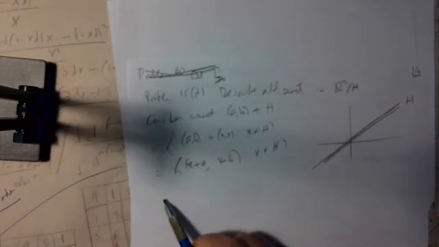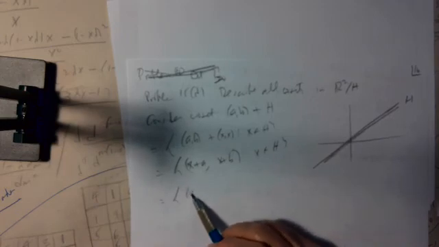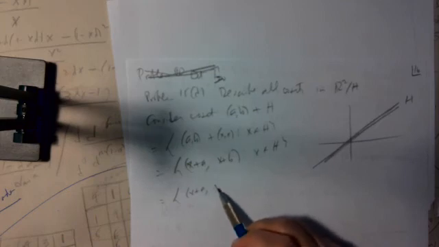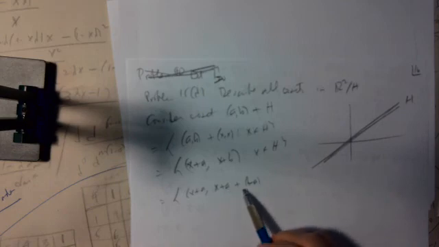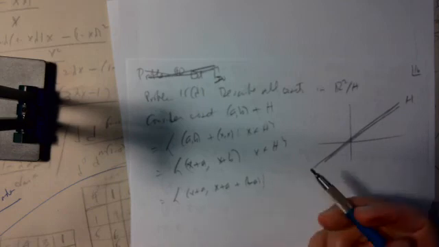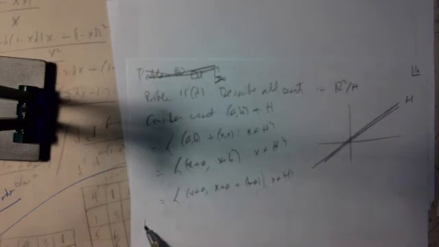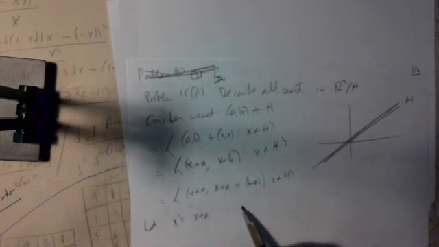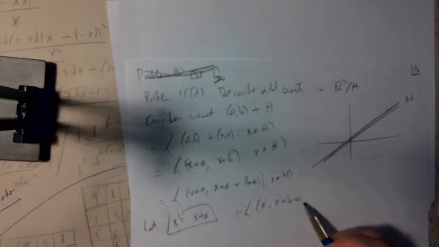And I can write this if I like as x plus a, x plus a plus b minus a, because a plus b minus a is b. And if I let x prime be equal to x plus a, then this is also everything of the form x prime, x prime plus b minus a.